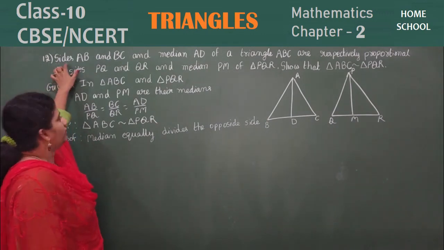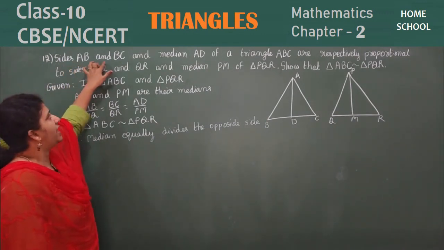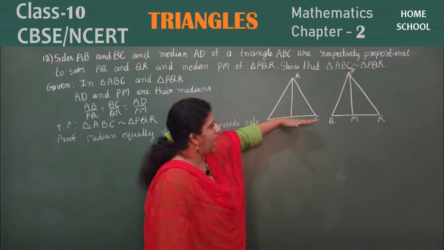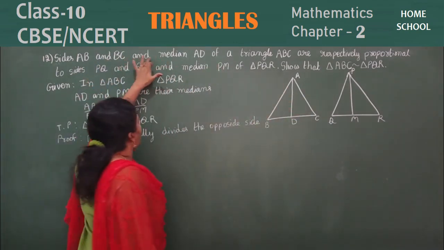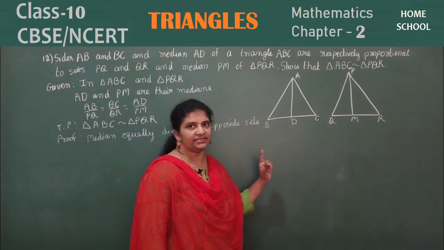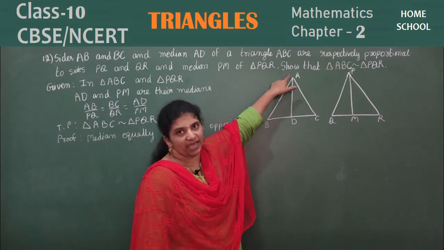So, let's see here. Sides AB and BC and median AD. Look over here. They have said median AD, children, so I have taken vertex A here.